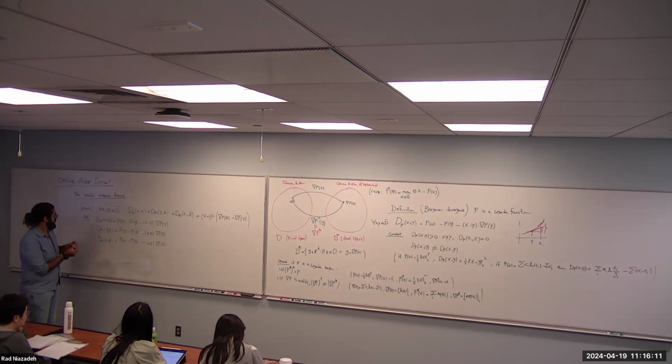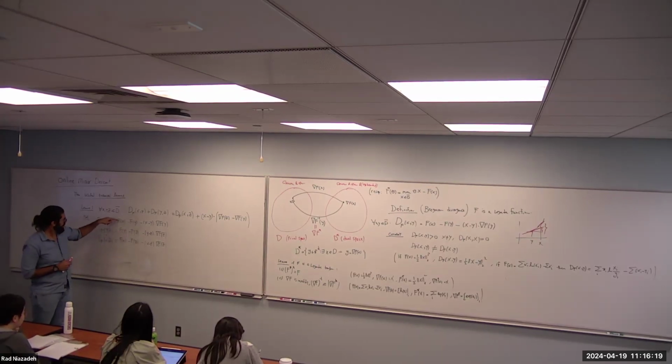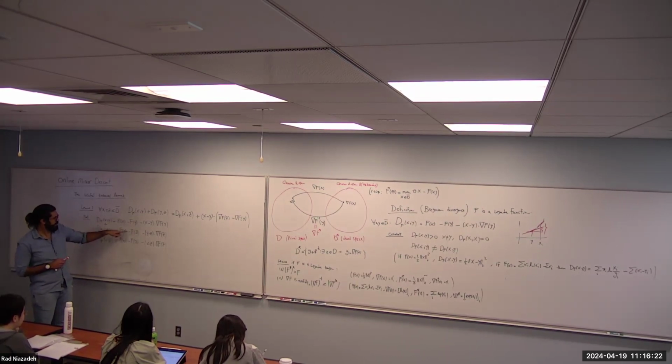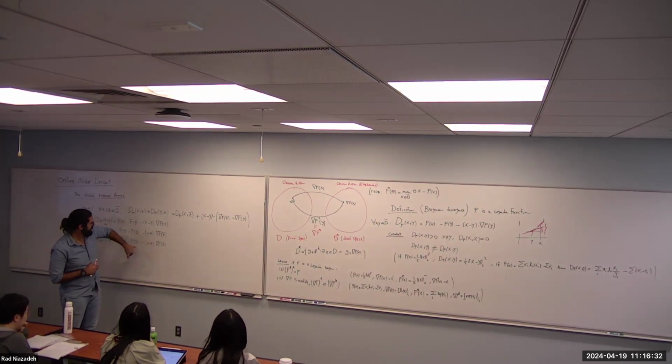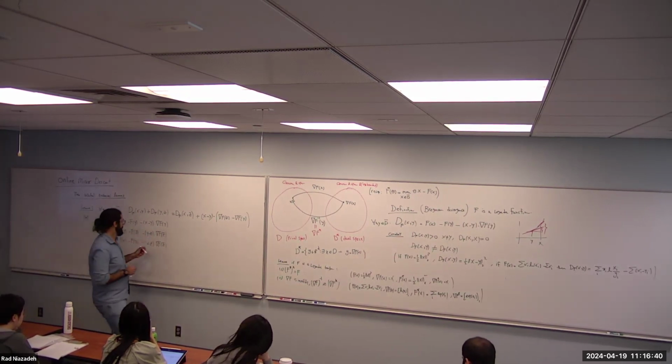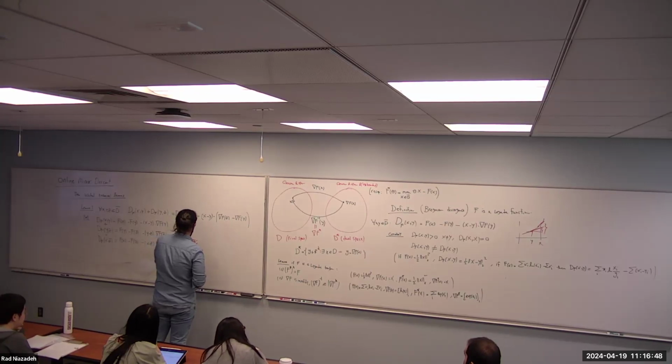Cool. So add them, subtract this one, then all these terms cancel. So f(x) cancels f(x), f(y) cancels f(y), f(z) cancels f(z). What happens after? Look at these two terms first. If I'm subtracting this with that, the z dot product gradient of f(z) cancels, and you get x minus y dot product with gradient of f at z.